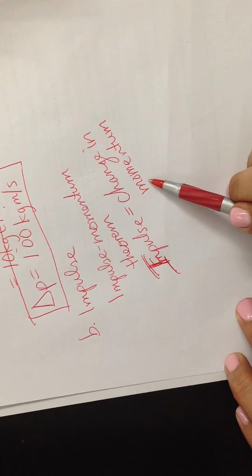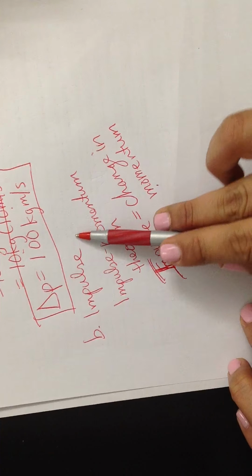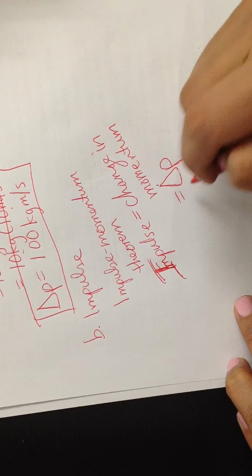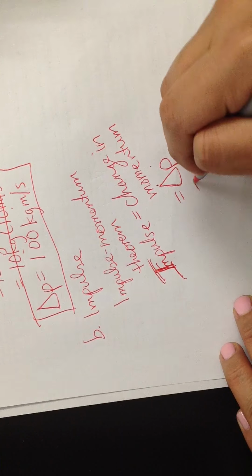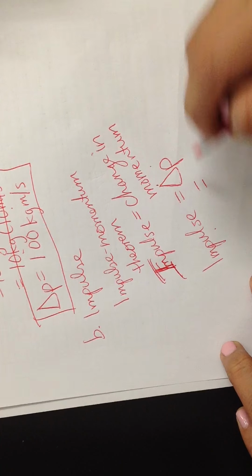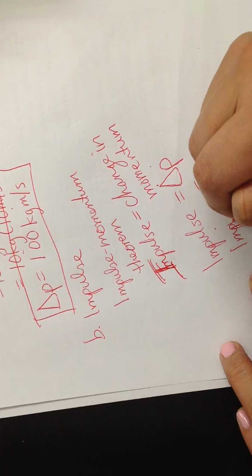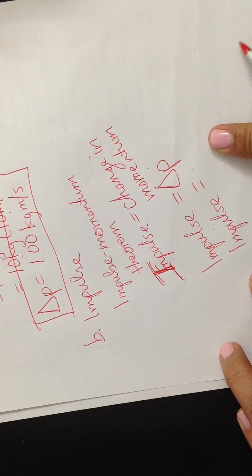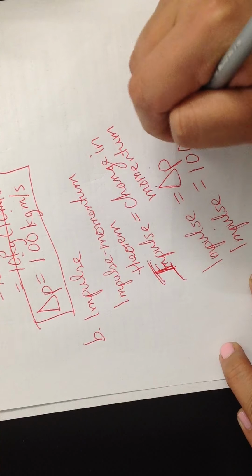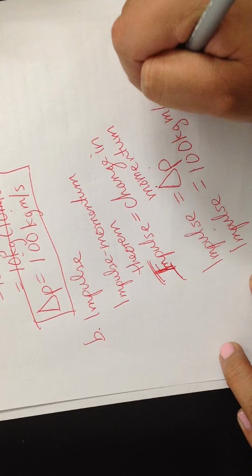From our previous problem, we know what the change in momentum is. So delta P, the change of momentum, is equal to my impulse. Therefore, my impulse is going to be equal to my change in momentum, which I calculated in the first part. So it's going to be 100 kilograms meters per second.